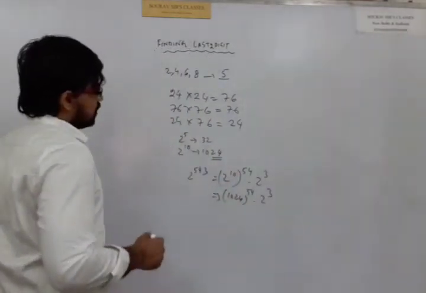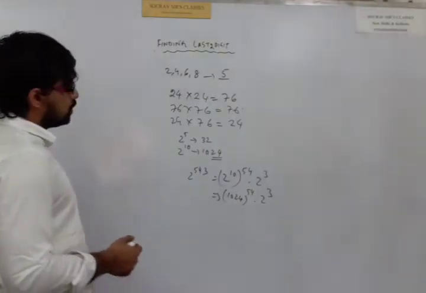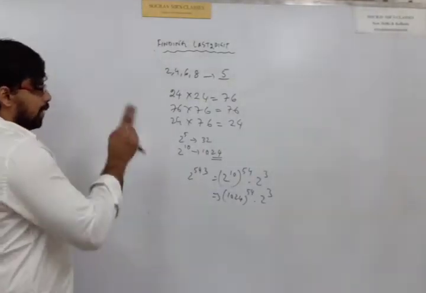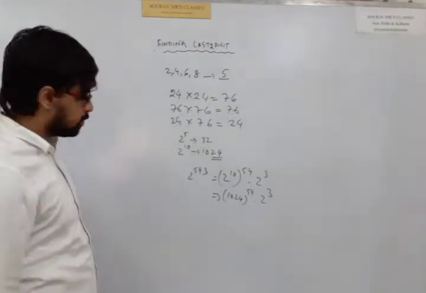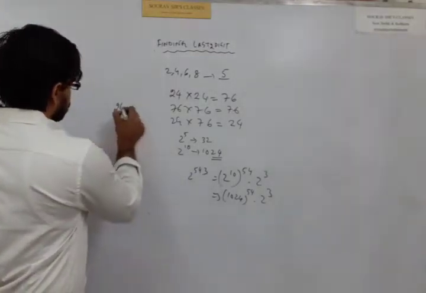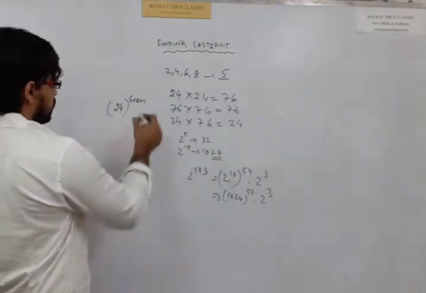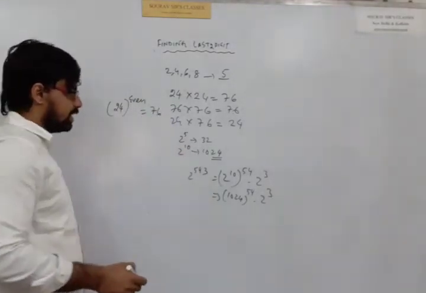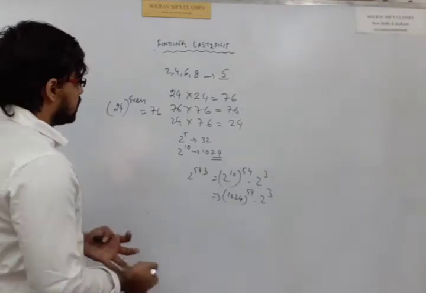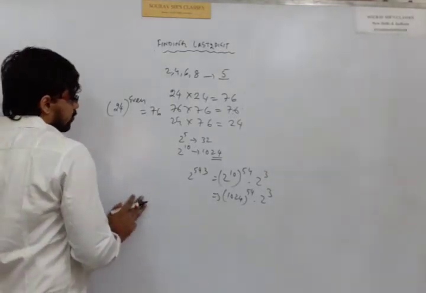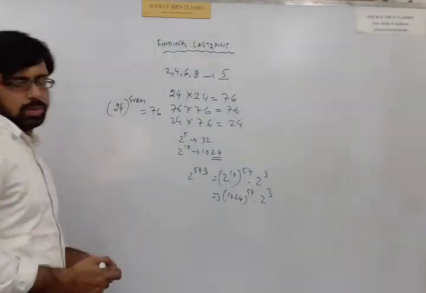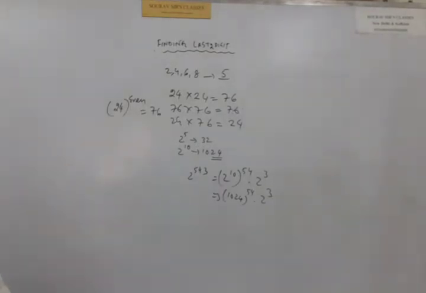As I said, if we multiply 24 in that way but an even number of times, that is 2 times, 4 times, it always gives you 76 as an ending. Okay, but if this 24 is multiplied an odd number of times, then the pattern changes.